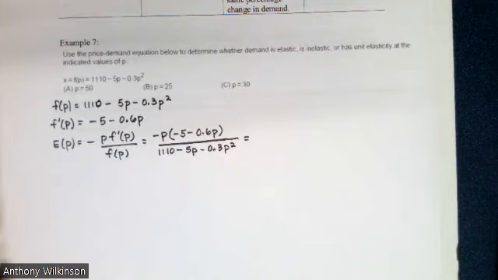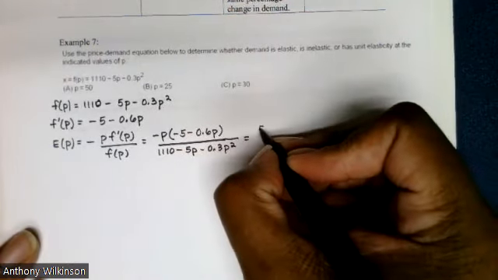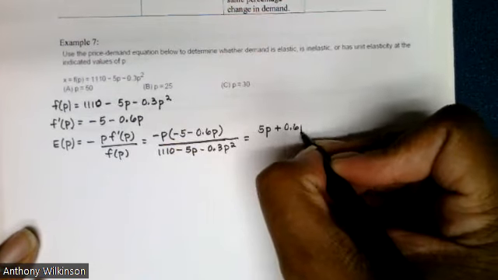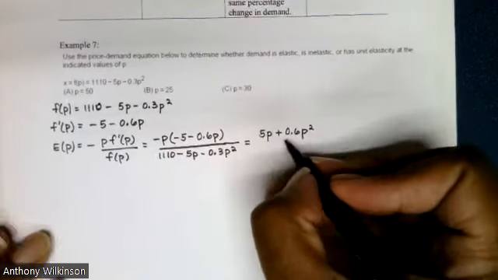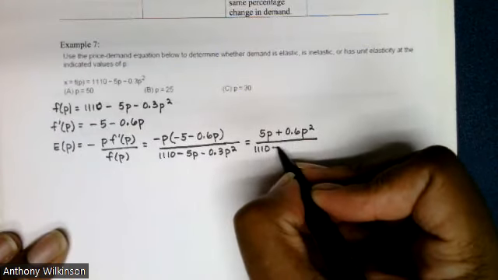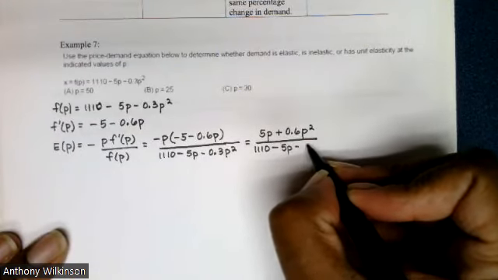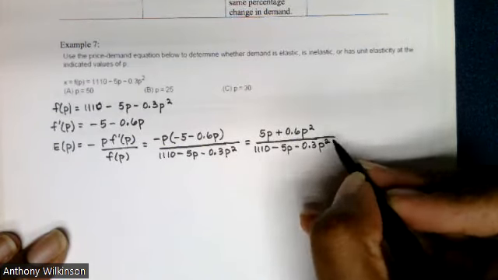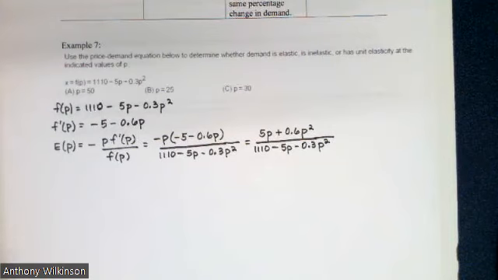Now, if I distribute that negative P over the negative 5 minus 0.6P, this is what I would get. I get 5P plus 0.6 P squared divided by 1110 minus 5P minus 0.3 P squared. And that would be what E of P will be.